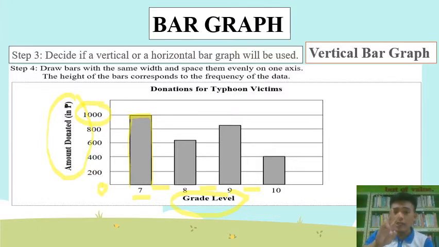The interval is by 200s. So 200, 400, 600, 800, 1,000. Grade 8 donated here. Grade 9 also donated with this amount, 850. Grade 10 donated 400 pesos. So you will use the given data for you to graph.